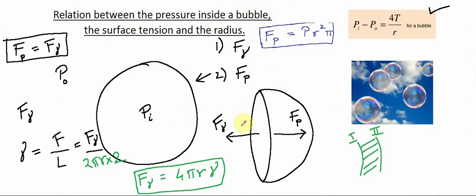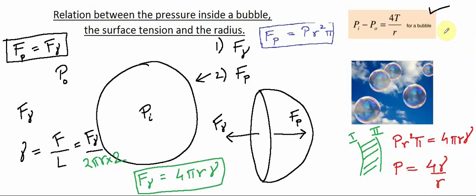These two boxes, blue and green, are equal according to the black box, and therefore I can write P r square pi is equal to 4 pi r gamma. We notice things are getting cancelled, and in the end what we are left with is P is equal to 4 gamma divided by r.